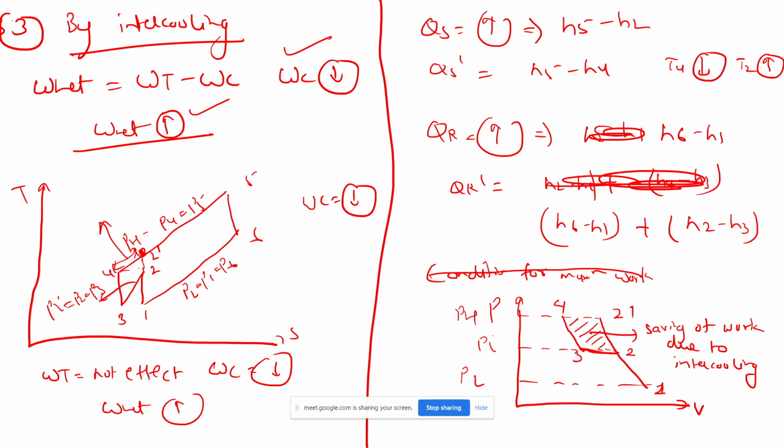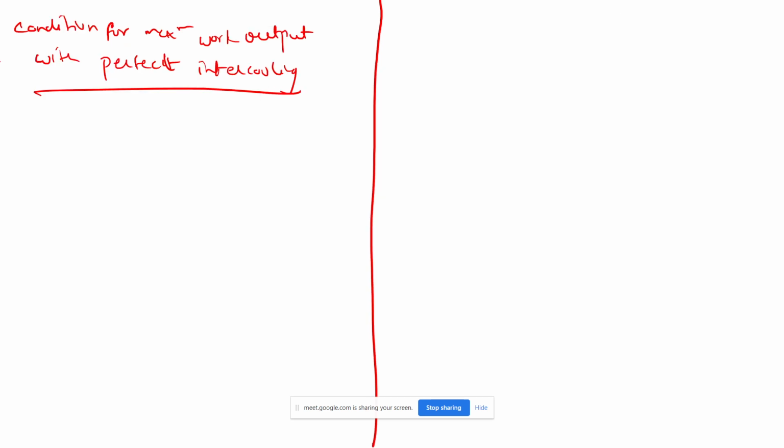The intermediate pressure will be the geometric mean of those pressures. Other conditions are like temperature and compressor work. This is the first condition.